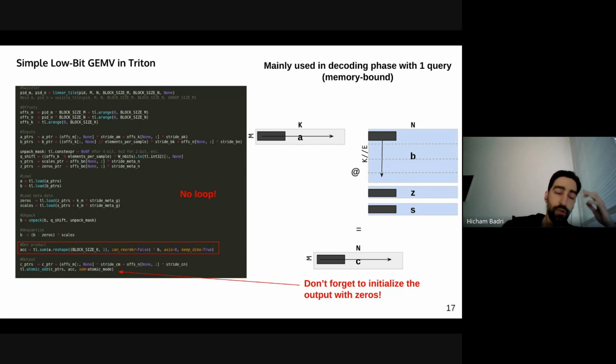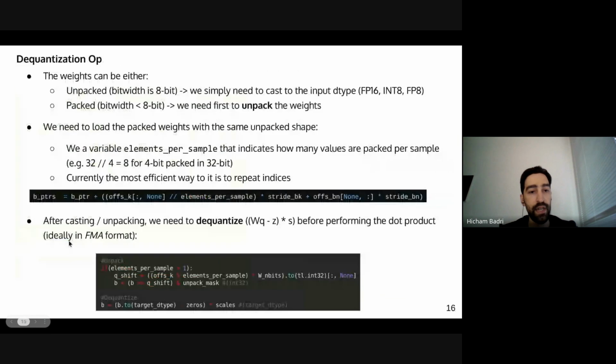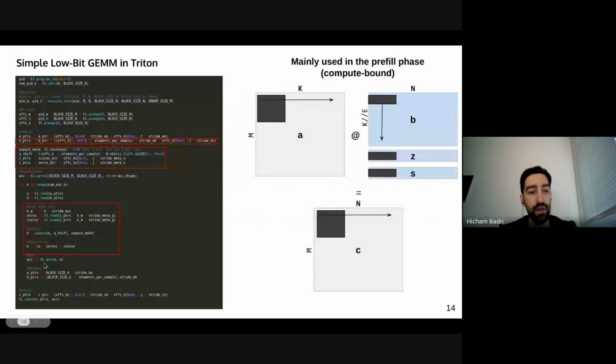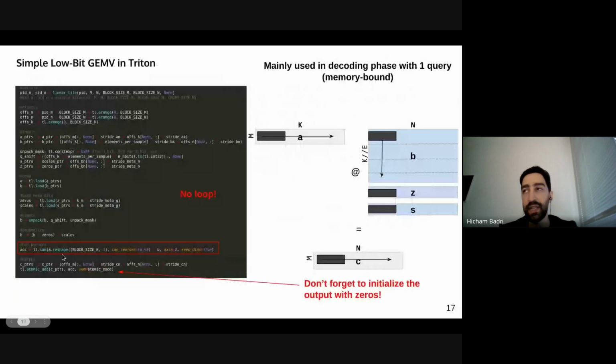The way you do it is you don't do any loop and you just launch more programs. These programs will use atomic addition to accumulate all the partial dot products. One thing to notice here is that for the dot product, I use tl.sum, but before I used tl.dot. tl.dot is going to use tensor cores, but here we don't need tensor cores, first of all because our batch size is 1.